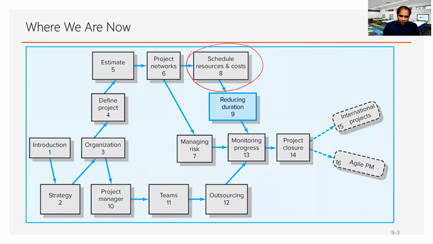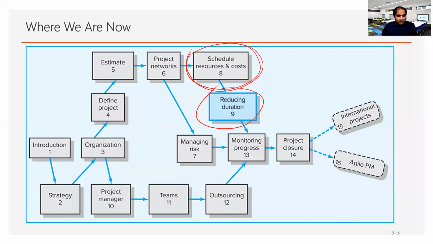So last week we discussed resource schedule, how we can flatten the resource demand over the specific duration of the project. Now today we'll see how we can reduce the project duration. So the question is, if we have a critical path which defines the minimum duration of the project, can we really reduce the duration even further from the critical path?